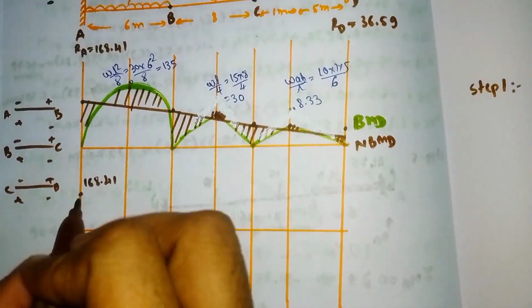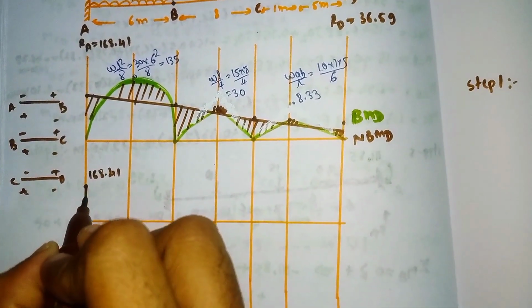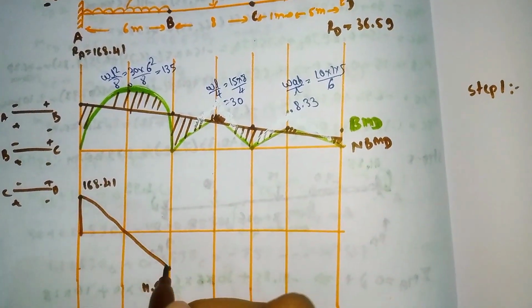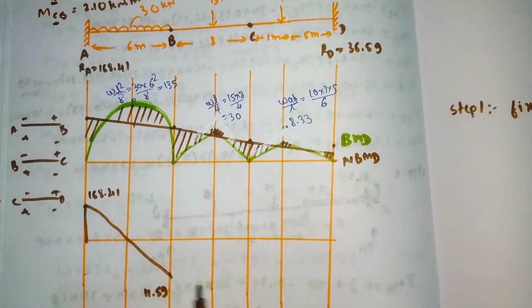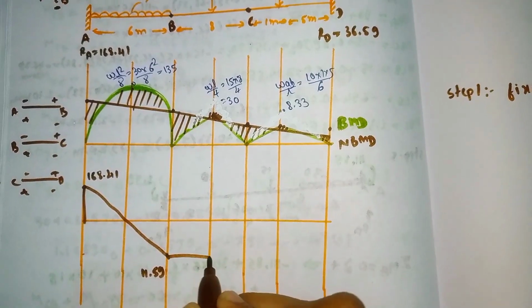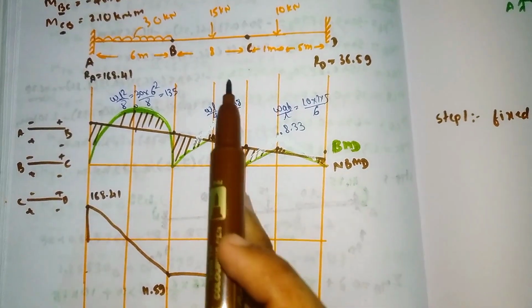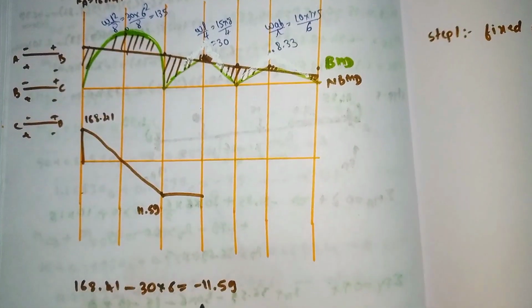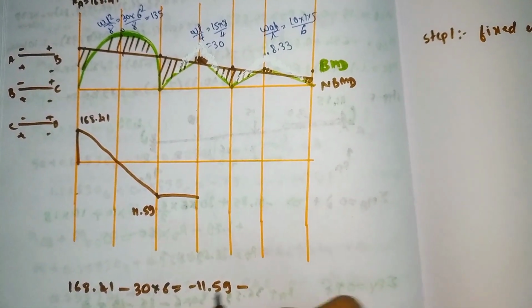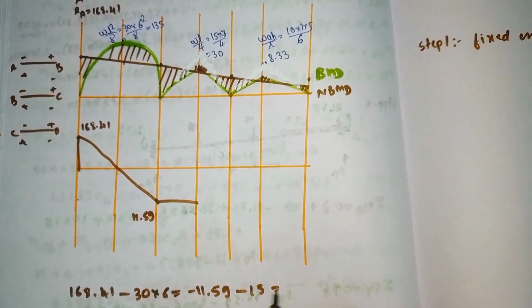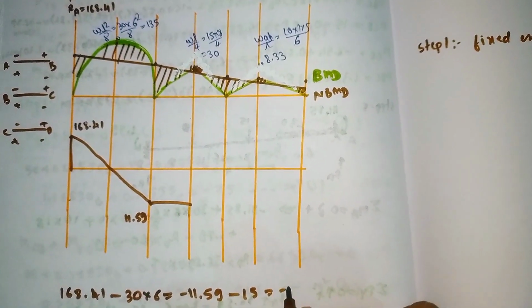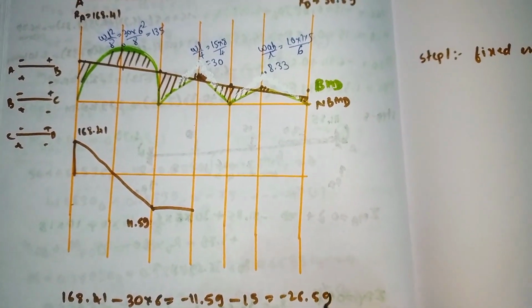11.59. So our graph will be like this. Again from here to here there is nothing, it will come straight. Here one point load is acting, 15 kilonewton. So again minus it, minus 11.59 minus 15, it will come out as minus 26.59.